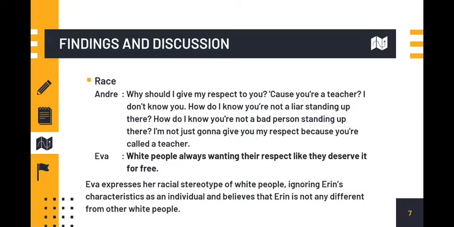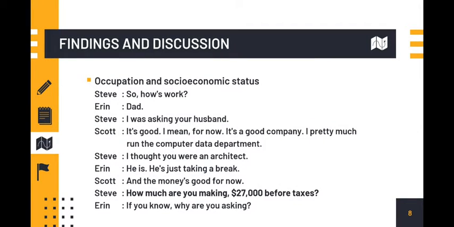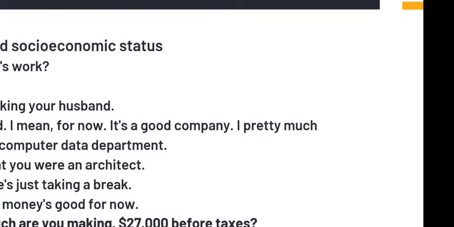And then the last stereotype found in the movie is occupation and socioeconomic status. This dialogue is a conversation between Steve and Erin's father, and then there are Erin and Scott as well. This conversation takes place in a restaurant.